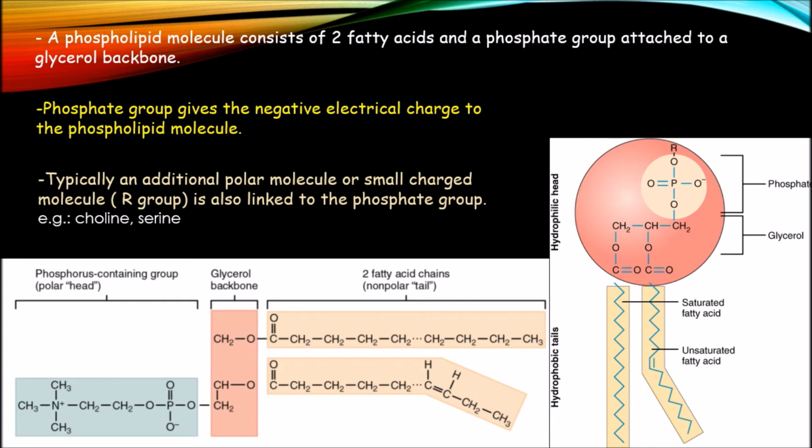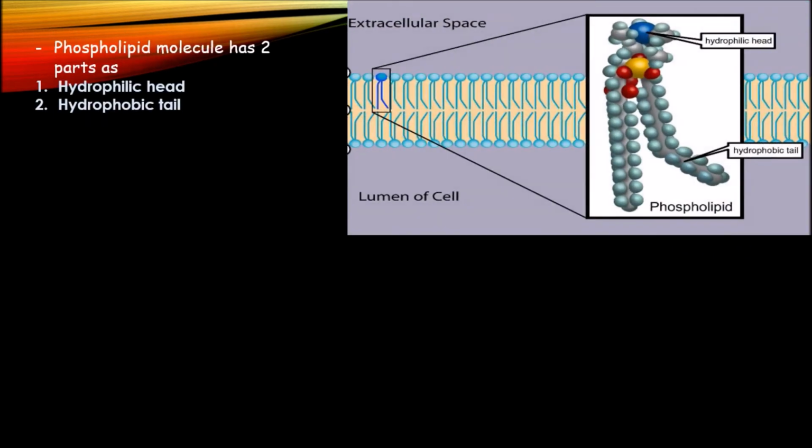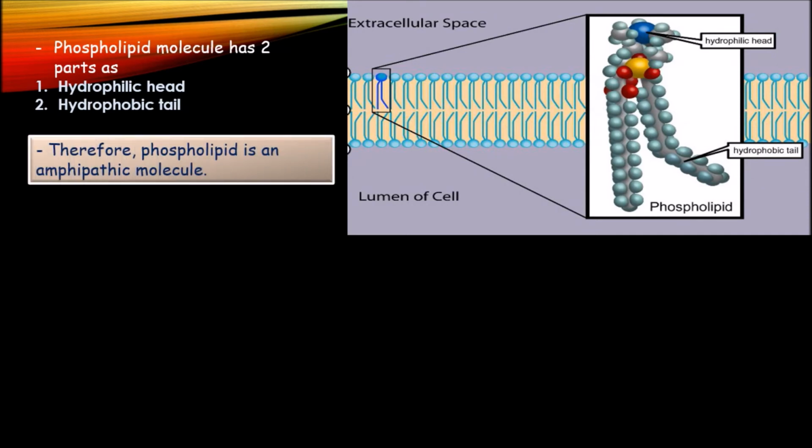A phospholipid contains two parts, a hydrophobic tail and a hydrophilic head. Because a phospholipid has both hydrophobic and hydrophilic parts, it is an amphipathic molecule. Fatty acids do not react with water because they are hydrophobic.